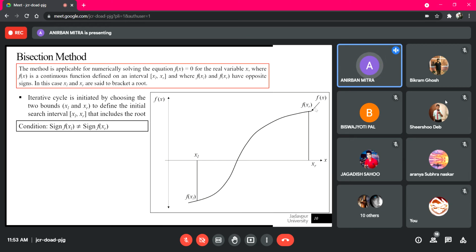How do we know that it is an appropriate interval? You have to satisfy the condition that is given there. So sign of f of xl should not be equal to sign of f of xr. And that can be guaranteed, assured, if you satisfy this expression: product of f of xl and f of xr is less than 0. So that is the initial search interval.